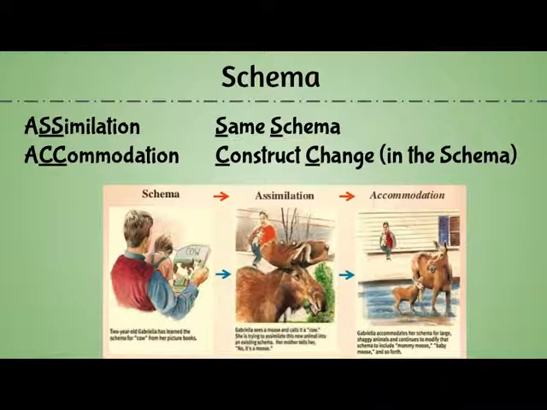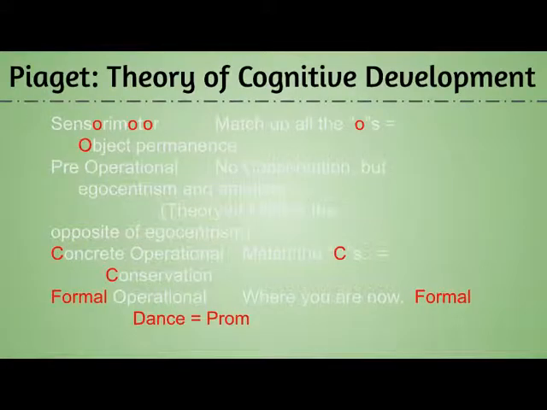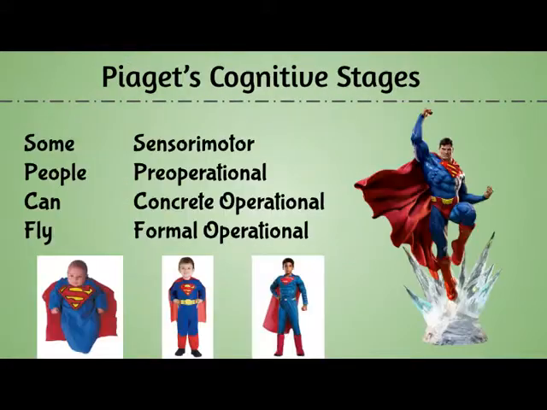It sees a moose and says, cow, cow. It fitted it into the same schema it already had. Then dad says, no, that's a moose. So then accommodation happens: a change in the schema. Now you have one for moose, or you've modified it.